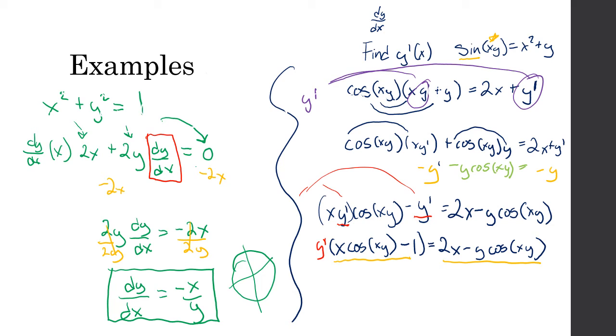And in this case, it's x cosine xy minus 1 for each side. So x cosine xy minus 1.